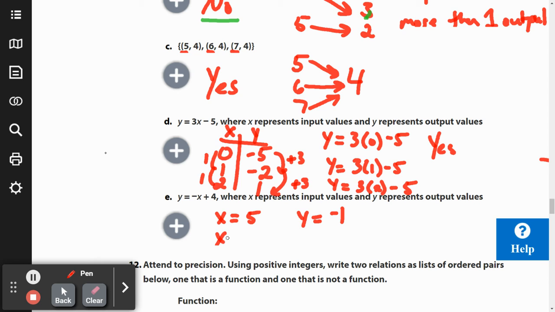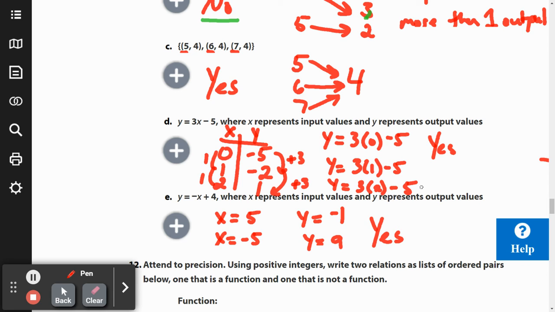Well, what about if x is negative 5? Well, that's going to be 9. So this is still a function.